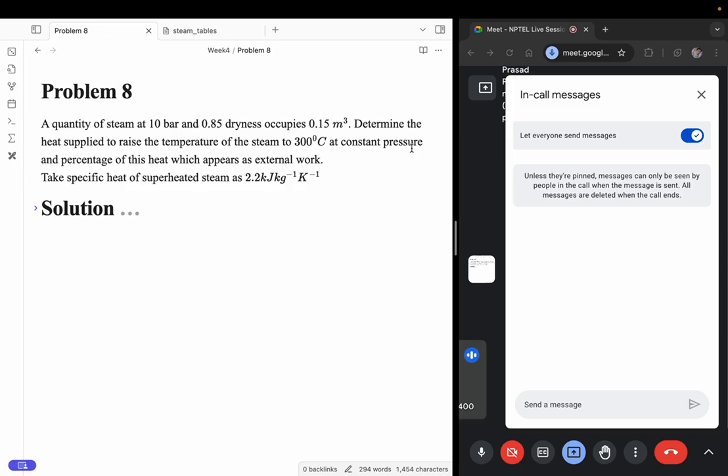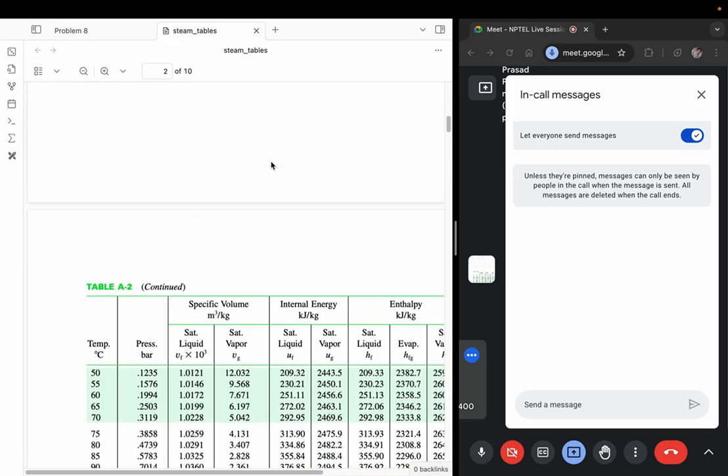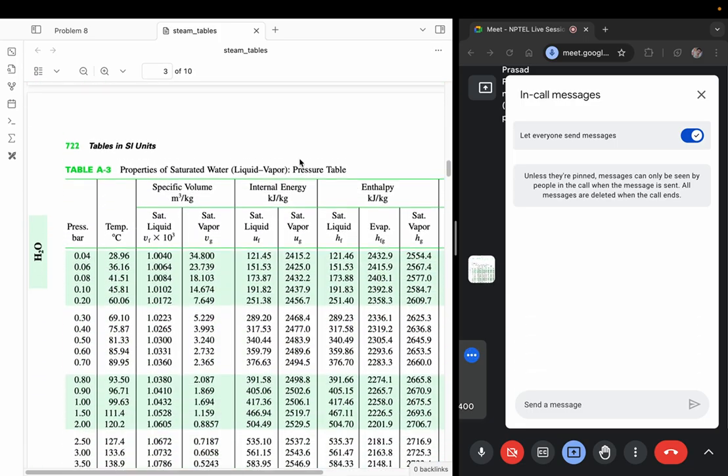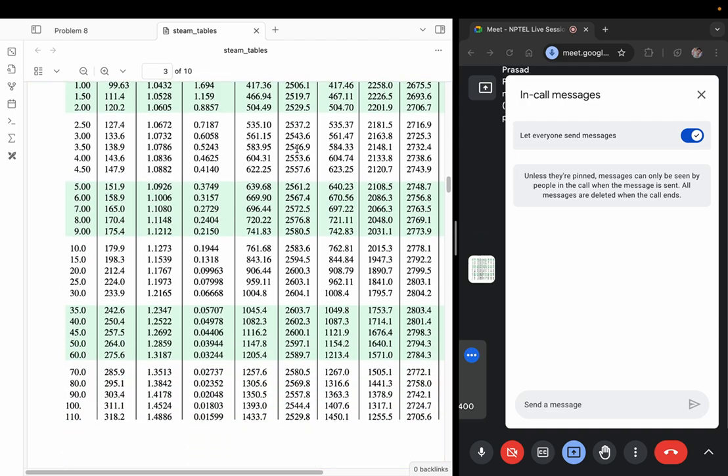So is it going to be superheated, or is it going to be inside the two phase region? How do you know that? You just go to the steam table, check the pressure table. This is a temperature table. You check the pressure table, you go to 10 bar pressure, and you see the temperature over there. At 10 bar, your saturated temperature is 179.9. So anything above this temperature, you will be in the superheated region.